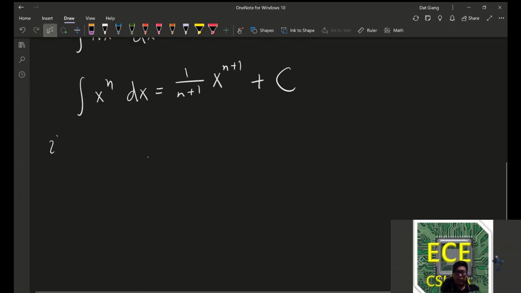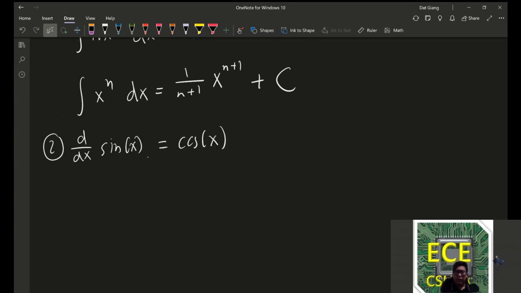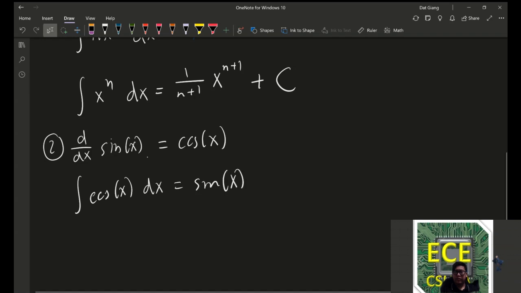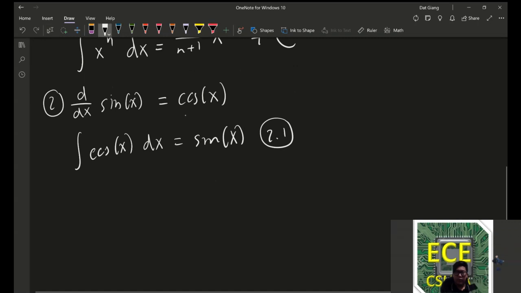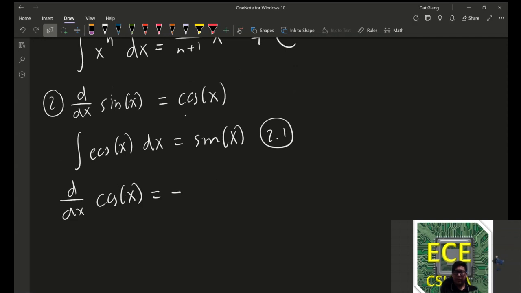Now, let us talk about another derivative: the derivative of sine of x equals cosine of x. So if we were to simply integrate cosine of x dx, we have sine of x plus c. That's one equation. Now, what if we were to differentiate cosine? Differentiating cosine gives negative sine of x.